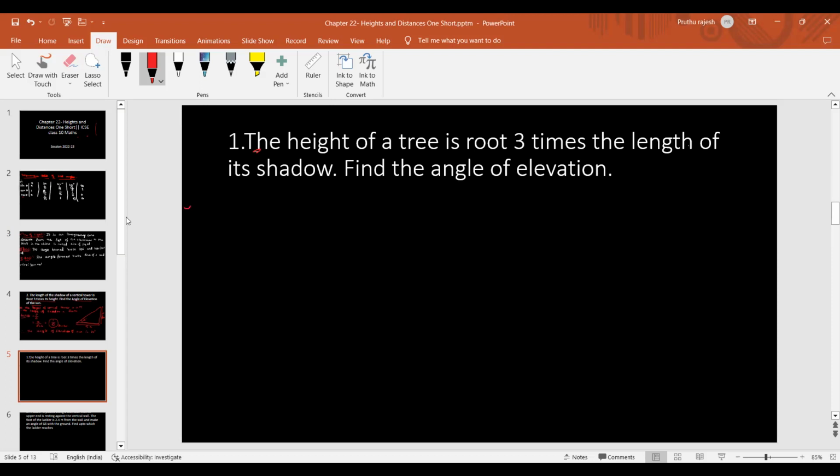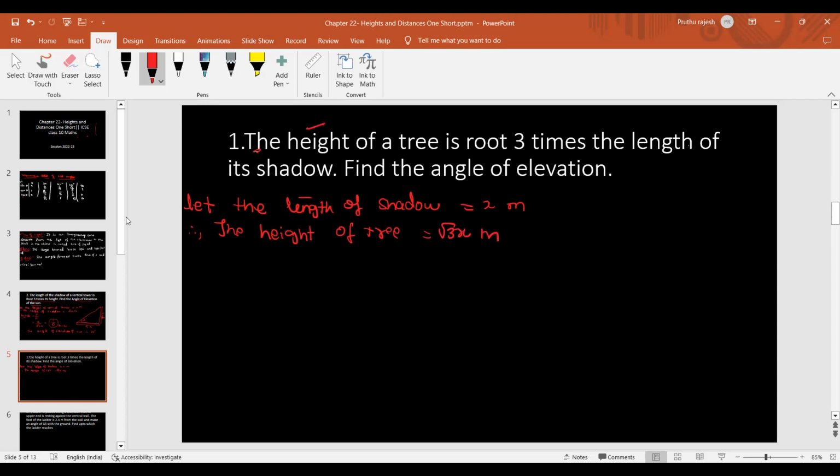So let the length of the shadow equal x meters, and therefore the height of the tree is equal to root 3 times x meters.